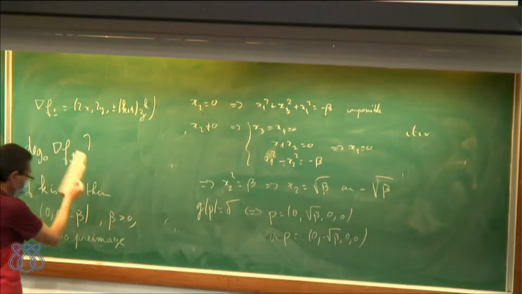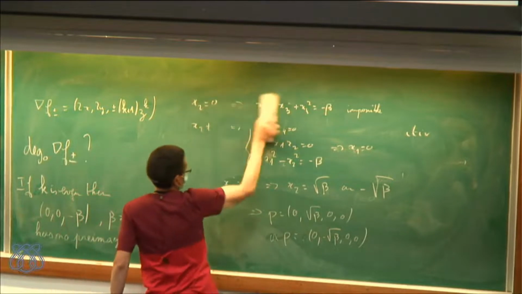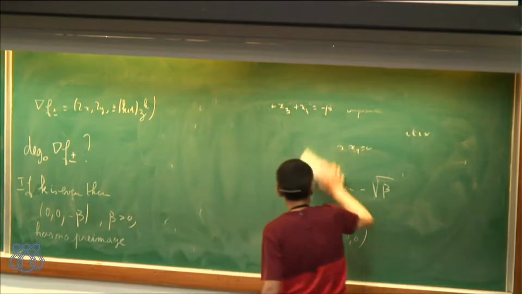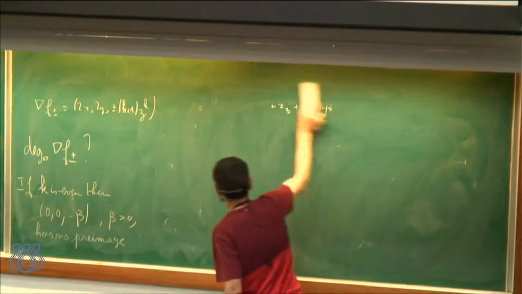So the degree would be 0. And then you apply the Kim-Shashvili formula, and you get that everything is equal to 1.